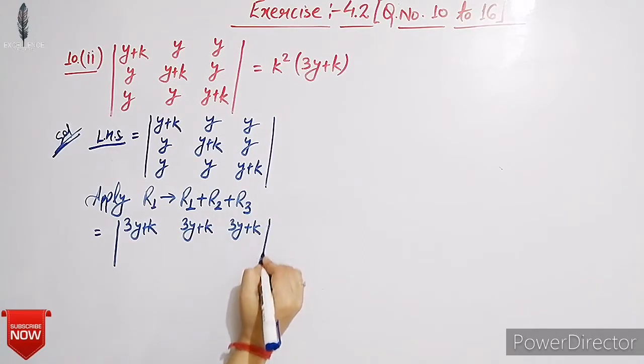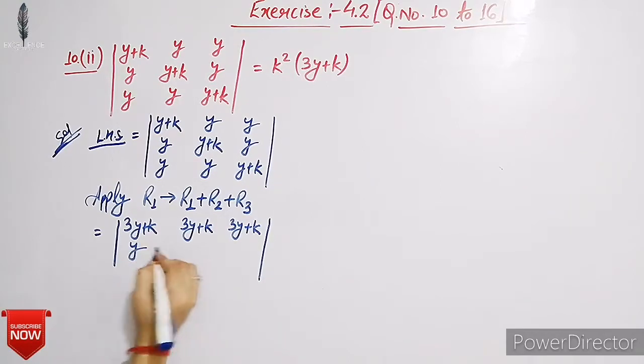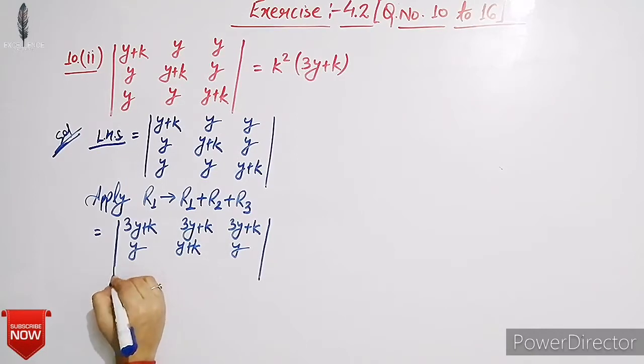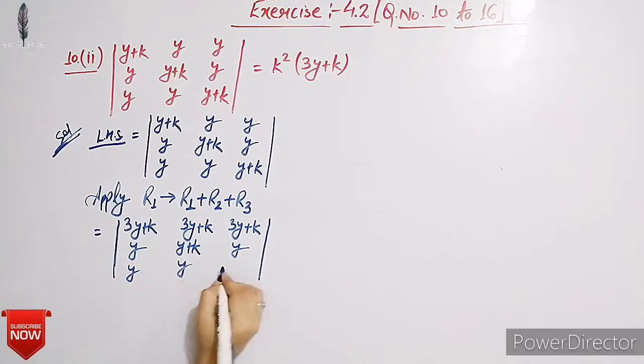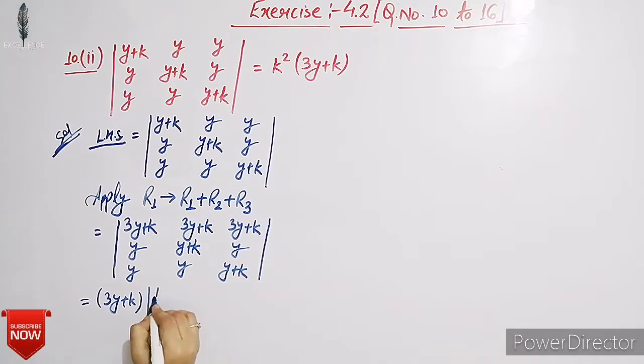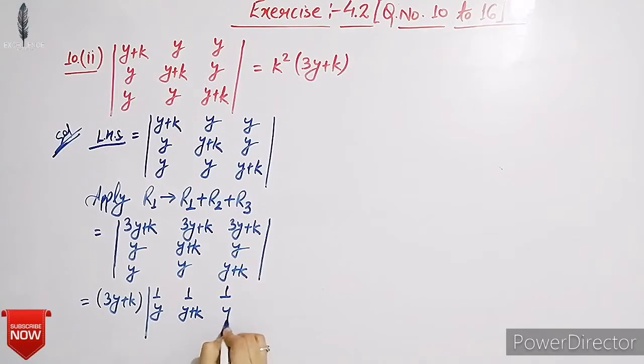And R2 is same, that is y plus k, y. R3 is also same, that is y plus k. Now taking out 3y plus k common from R1. So 3y plus k into here 1, 1, 1 and R2 is y plus k, y.